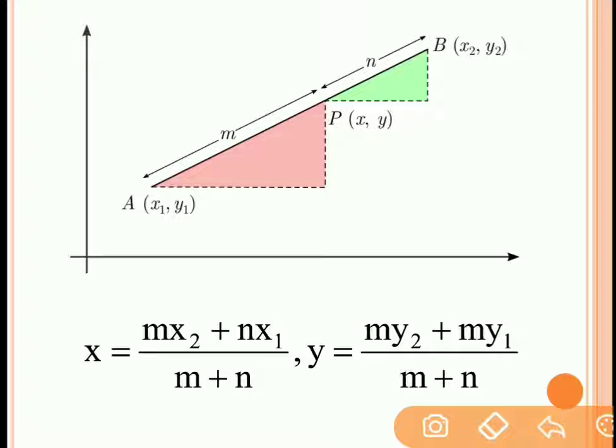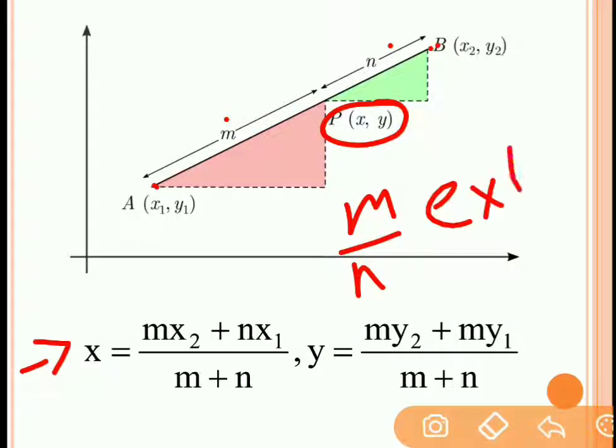Also, if in a question it is given that point P divides the line segment AB into the ratio m is to n internally, if the term internally is given, then you have to use this equation. And if it is given that point P divides the line segment AB into the ratio m is to n externally, when the term externally is given, then you have to use the minus sign over here.